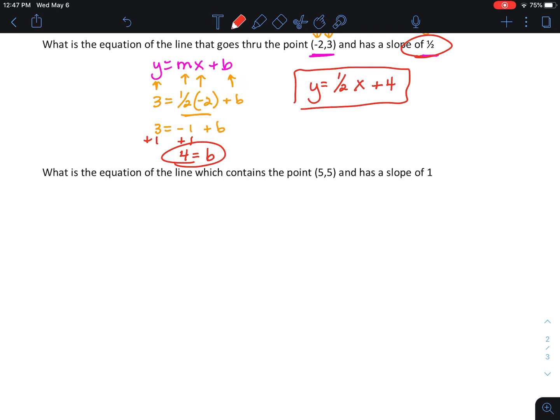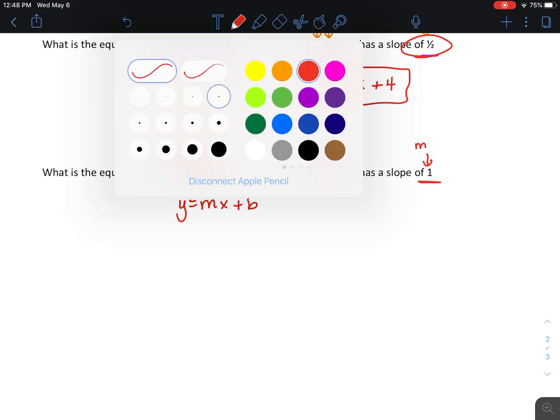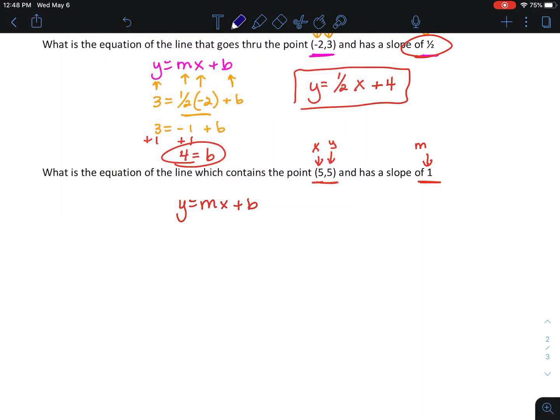We're going to do one more, okay? One more. What is the equation of the line which contains the point (5, 5) and has a slope of 1? So the first 5 is x, the second 5 is y, and the slope m is equal to 1. So we're going to go back to y equals mx plus b, and I'm going to change colors here. Let's change it to dark blue, okay?